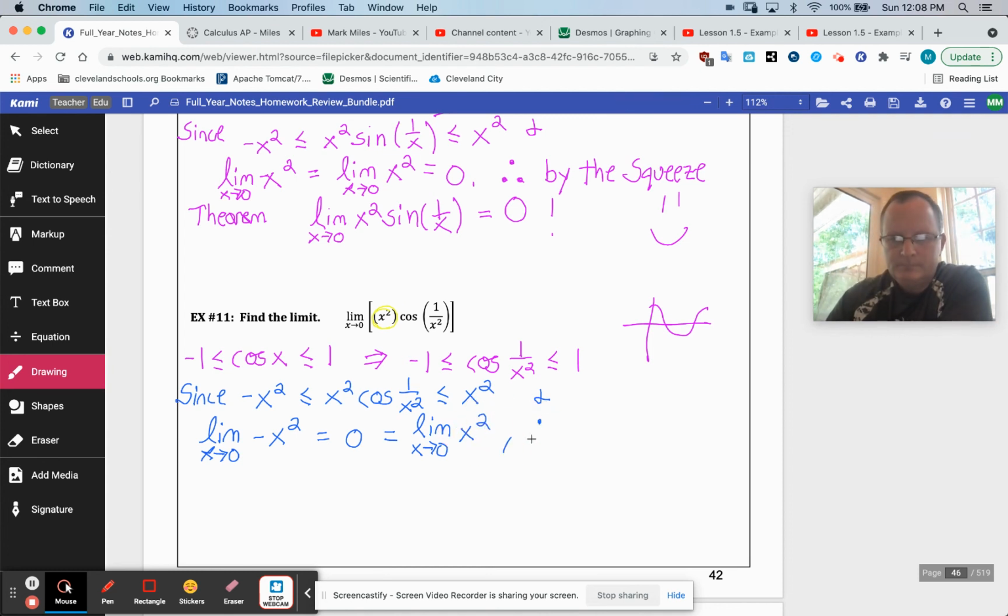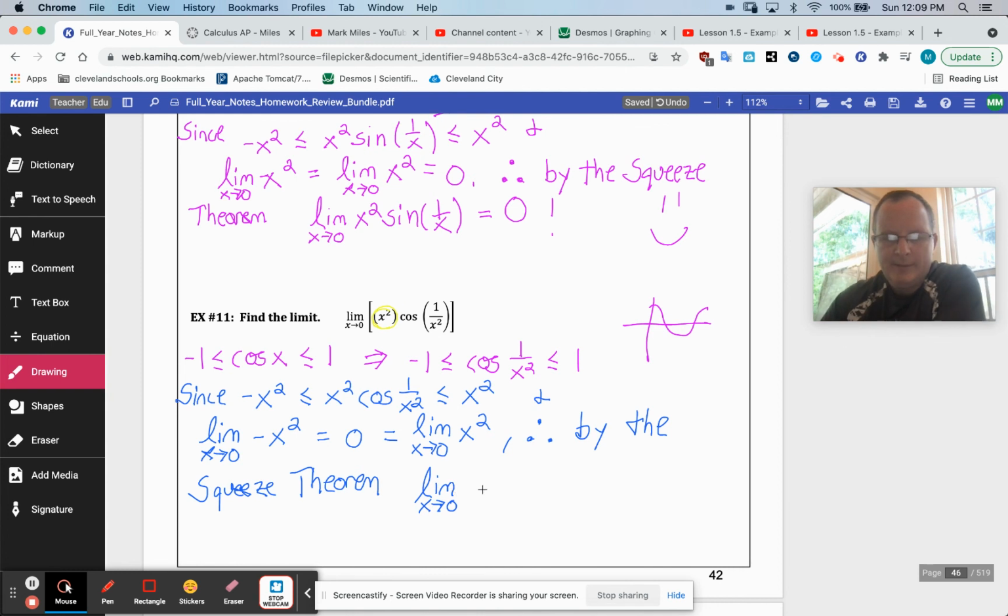Therefore, by the squeeze theorem, the limit as x approaches 0 of x squared cosine of 1 over x squared, this is a crazy one but we're able to do it, it's really cool, is also equal to 0.